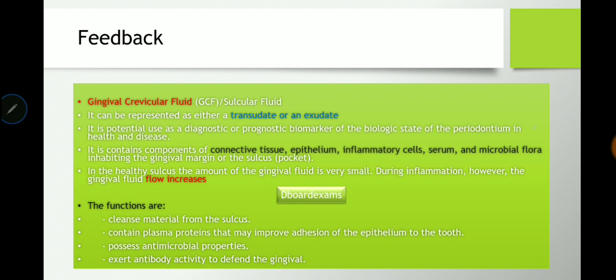So keep that in mind. That's an important property there. It contains components of connective tissue, epithelium, inflammatory cells, serum, and microbial flora. So make sure you keep in mind the contents of the gingival crevicular fluid.